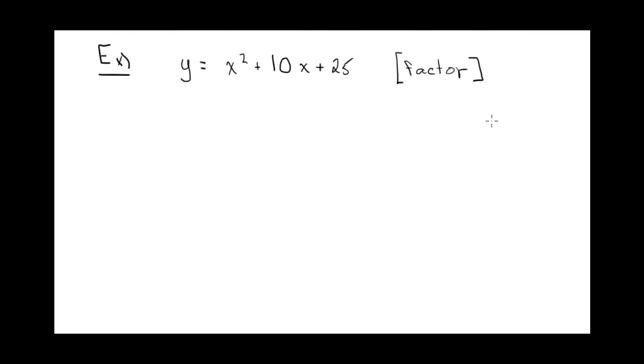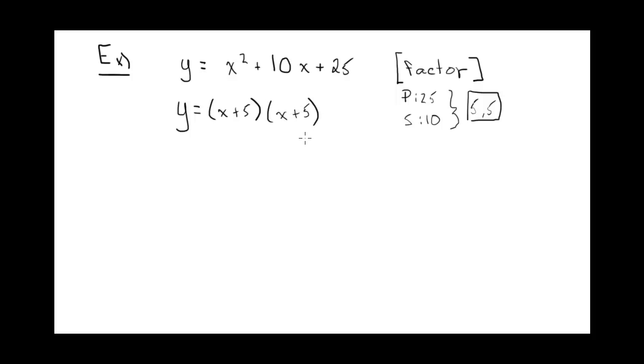So if you were to factor this, you're looking for two numbers that multiply to 25 and sum to 10, and the numbers in this case would be 5 and 5. Notice you get the same number, and when that happens we call it a perfect square. The two factors are x plus 5 and x plus 5, which we of course wouldn't write like that. We'd write it like this: y equals (x plus 5) all squared.